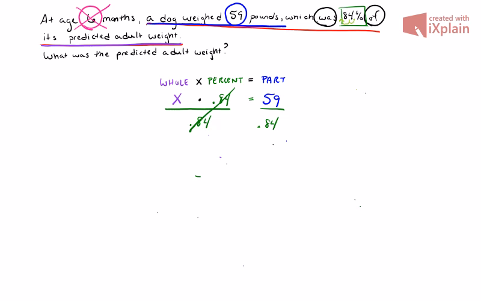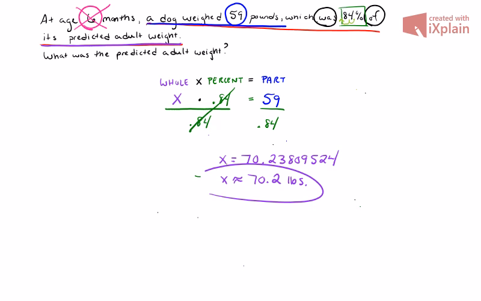This gives me x is equal to, and if we do this division, we get 70.23809524. Odds are in problems like these, you would be asked to round. So in this case, x is approximately, and I'm going to round to the tenths place, 70.2 pounds for this adult dog.